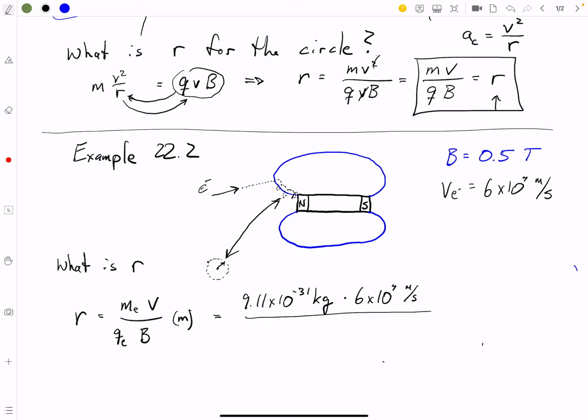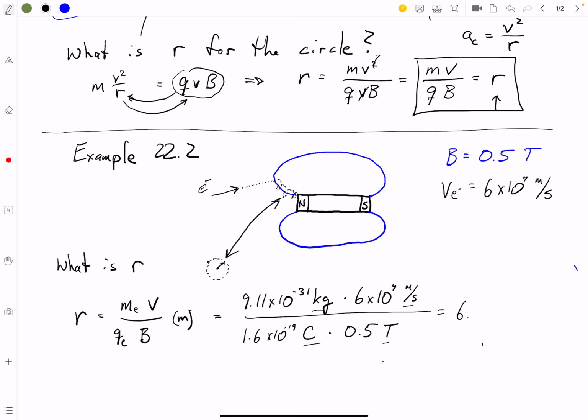I don't know why I'm putting units, because it's going to be all meters at the end anyway, but we're going to divide by our charge. Everybody knows it's 1.6 times 10 to the minus 19 coulombs. And we're going to multiply that by our B field, 0.5 Teslas. I know it's a mess, right? If you want to go through and make sure all the units work out so that you have meters, fine, it's a good move.